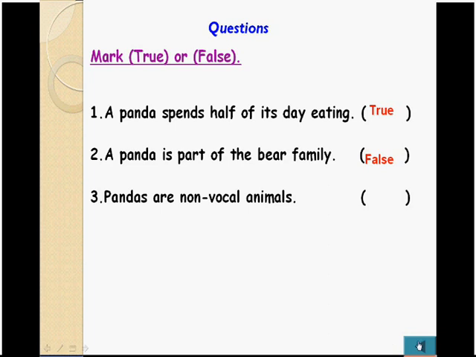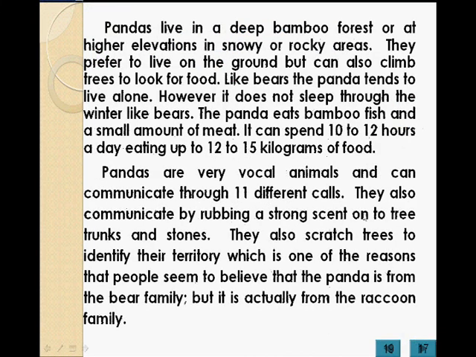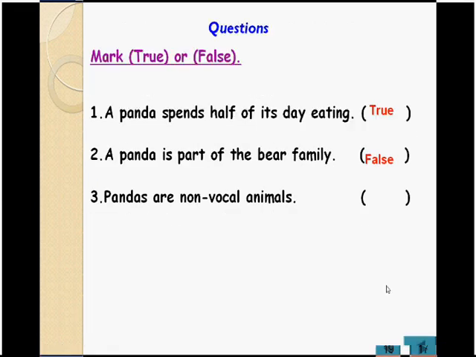So is it true or false? Yeah, they are very vocal animals, so that's why our sentence is false.